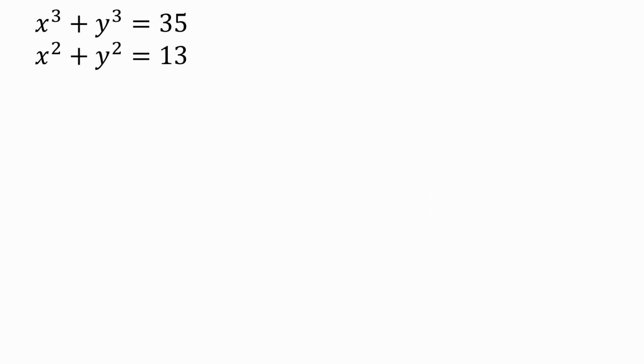Let's jump into it. This is our system of equations, and now let's take the first equation. As a reminder, I'm going to write two important formulas that I'm going to use. X cubed plus y cubed is equal to x plus y to the power of 3 minus 3xy times x plus y.